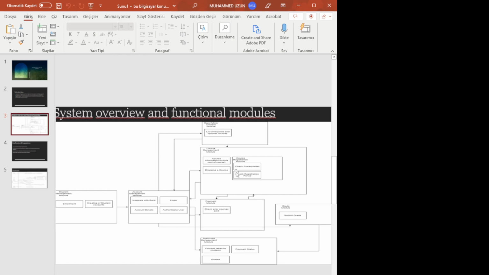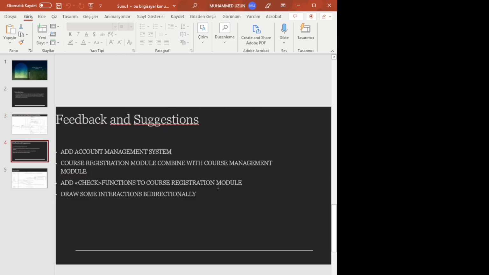They also recommended that I add the check functions. Finally, they told me to draw some interactions bidirectionally. I had drawn a one-way interaction for all modules, but they said that is not true.